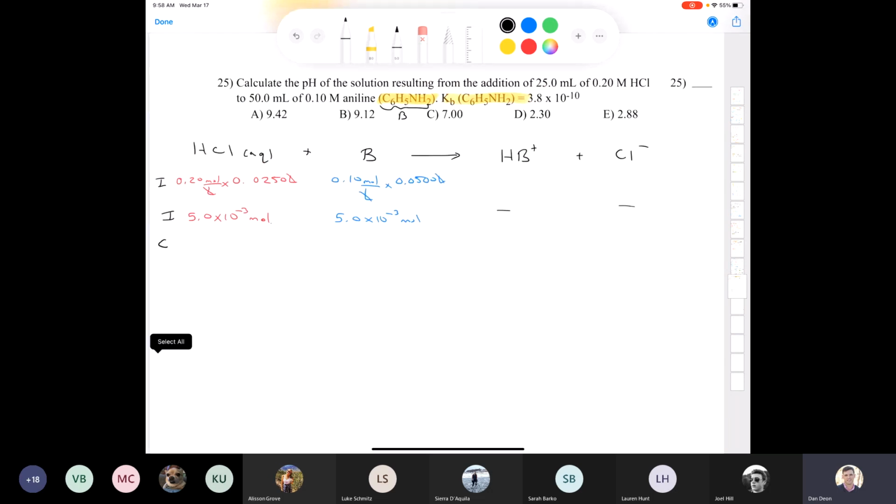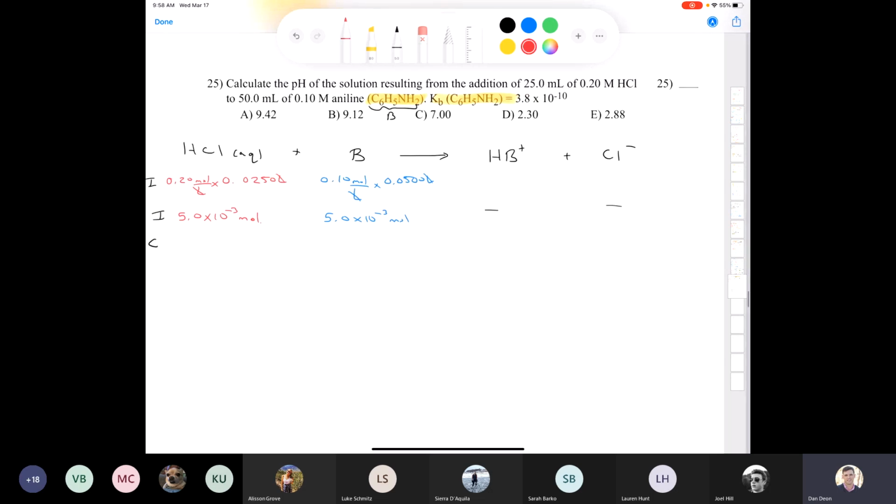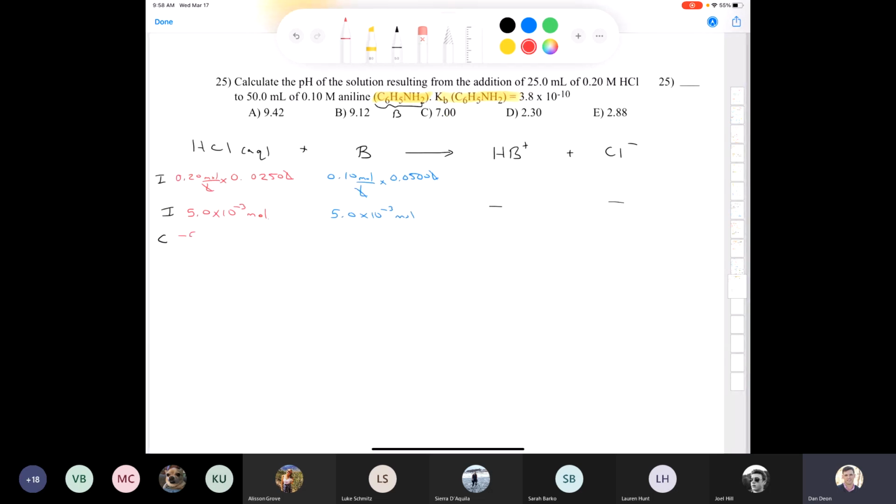Our change is that we're going to lose all of the HCl. It will be completely consumed, 5.0 times 10 to the negative 3. We're going to consume all of the aniline, okay, because they're present in a 1-to-1 ratio. And then we're going to end up forming some of the conjugate acid, aren't we?